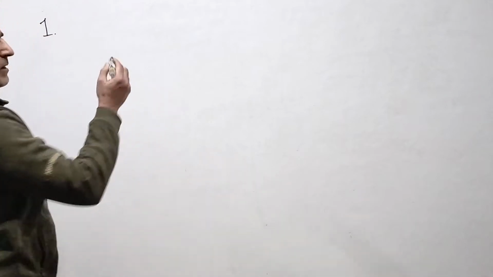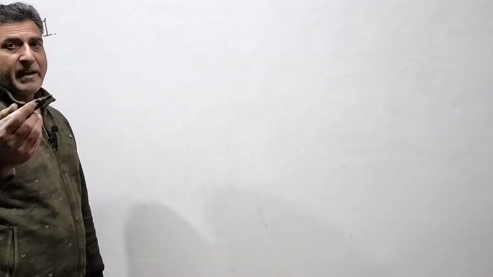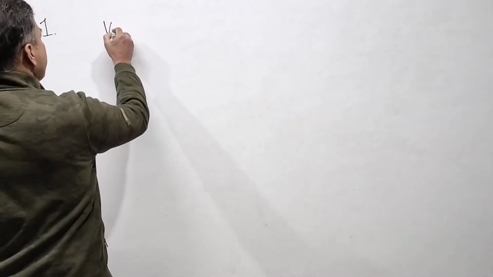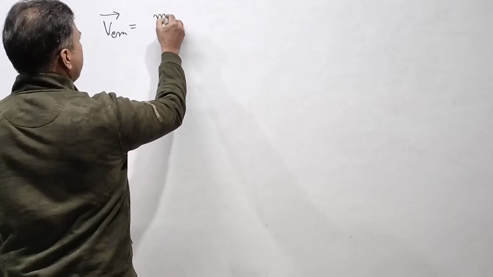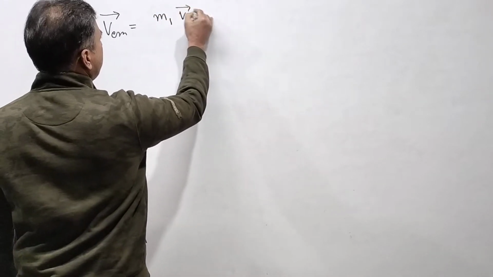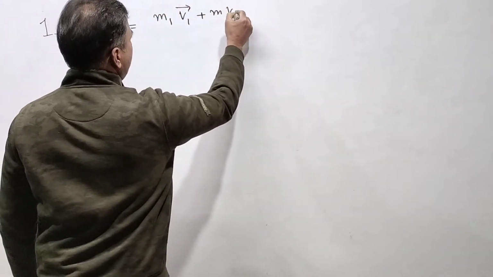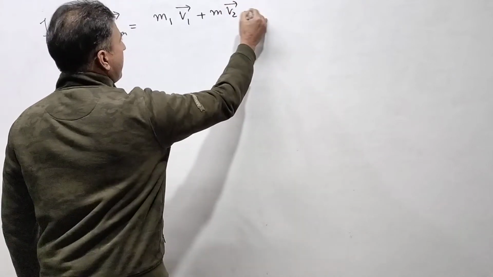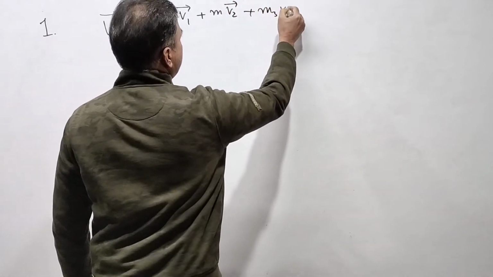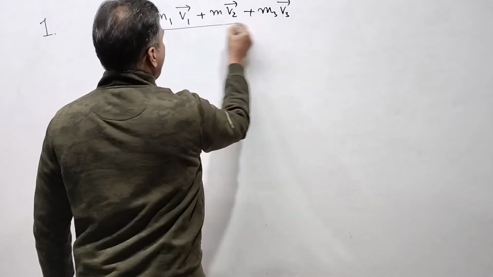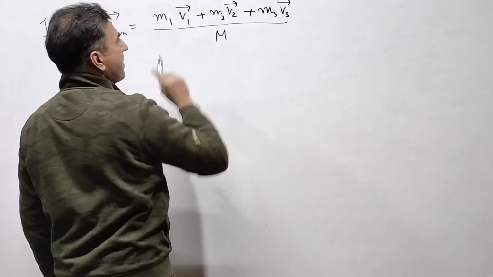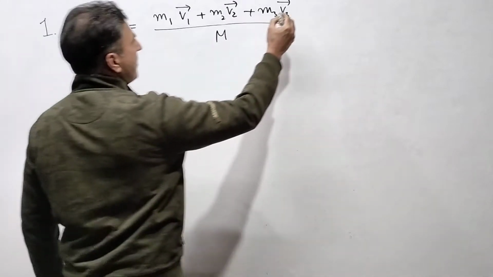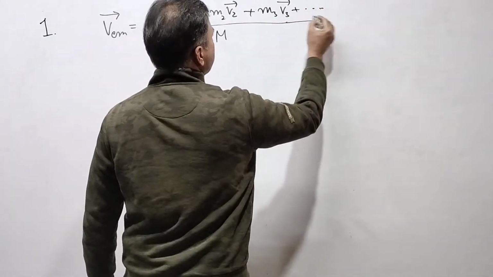The rule, which I have already told you in a lecture, is that VCM, the velocity of the center of mass, is equal to m1 v1 plus m2 v2 plus m3 v3, divided by the total mass m1 plus m2 plus m3, that's total M. This is the velocity of the center of mass of the system of bodies, right?